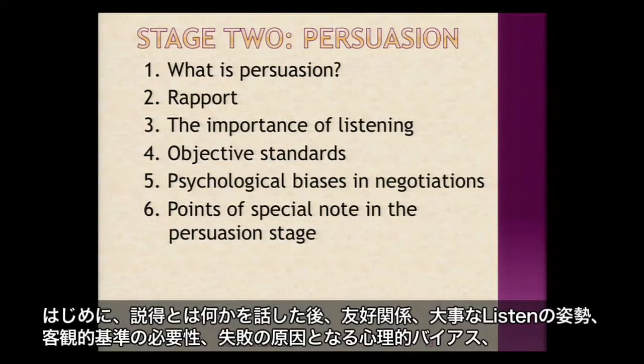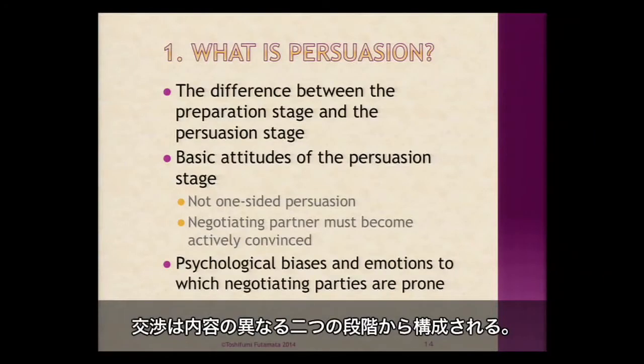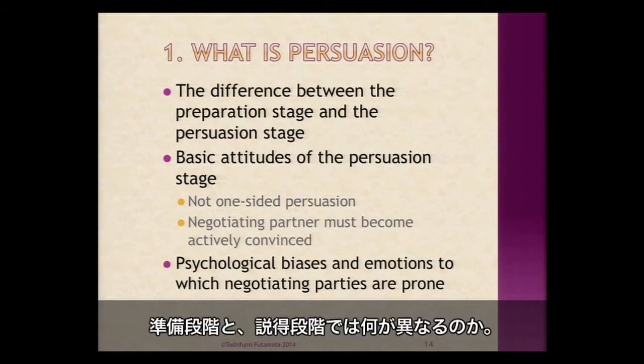Now we move to stage 2, persuasion, the second stage of negotiation. What is persuasion, rapport, the importance of listening, objective standards, psychological bias in negotiations, points of special note in the persuasion stage. What is persuasion? As I told you, negotiation is comprised of 2 different stages. What is the difference between the preparation stage and the persuasion stage?